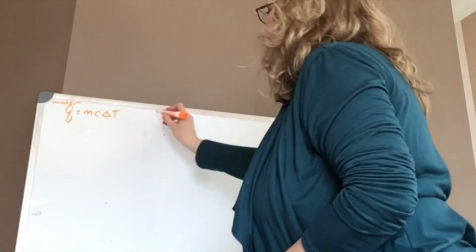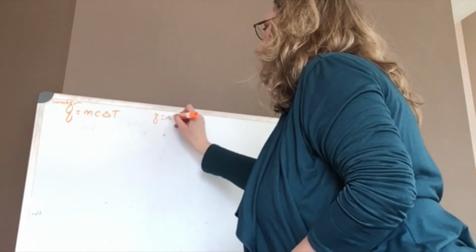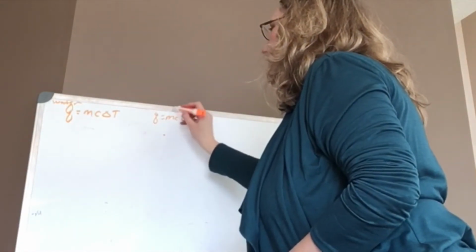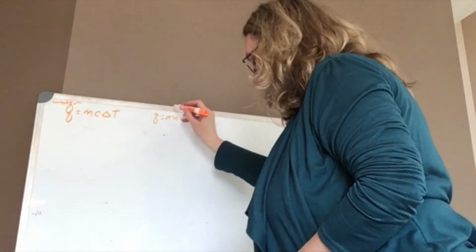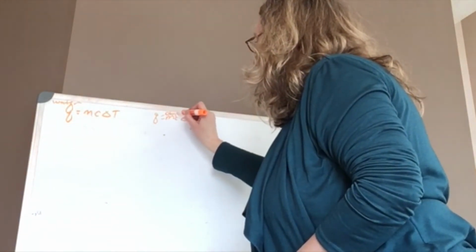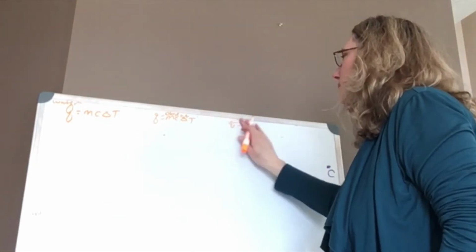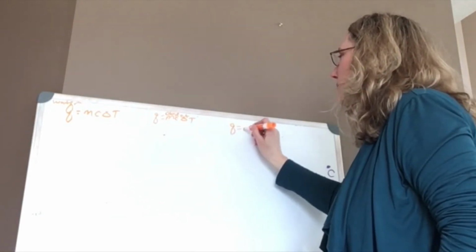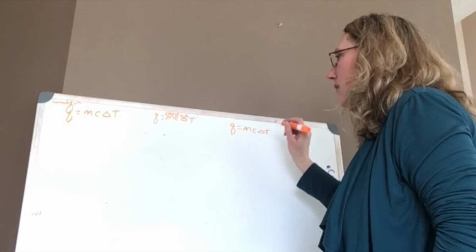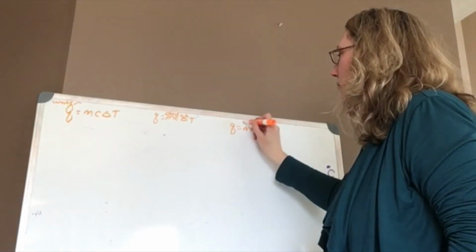You're going to have a Q equals MC delta T for the object. And you're going to have a Q equals MC delta T for the calorimeter.